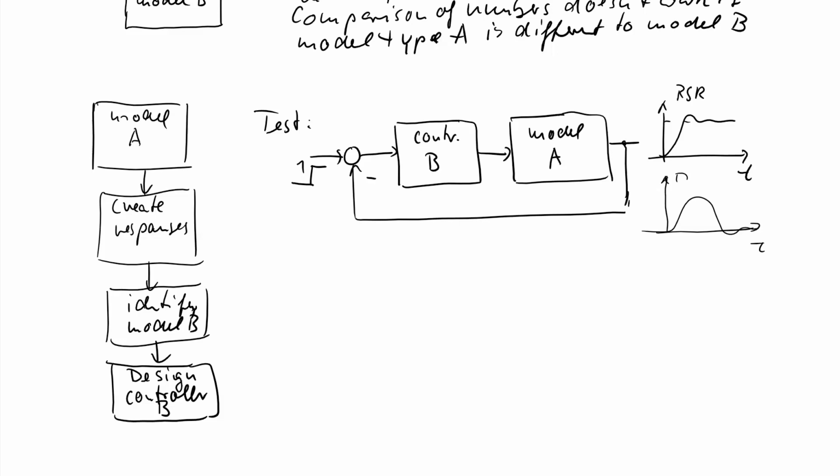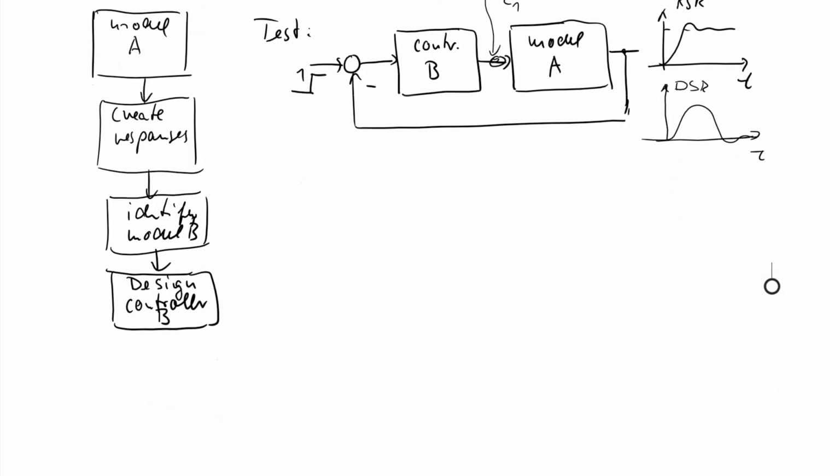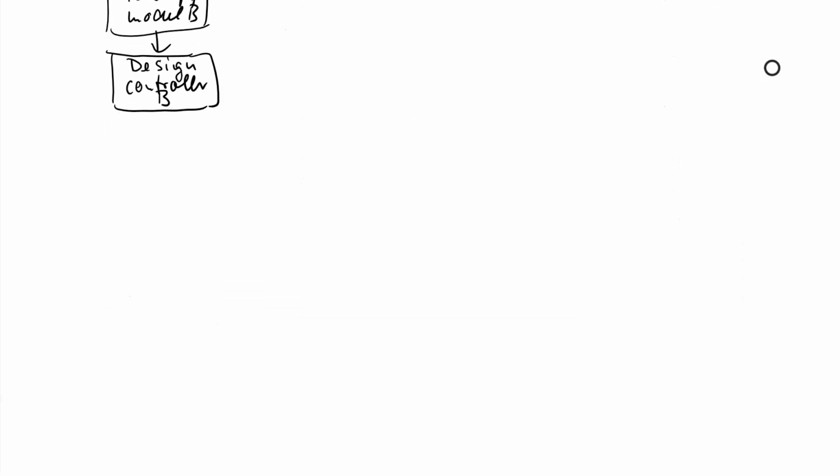If you have a disturbance here, a summing point with a disturbance signal here, then you get the disturbance step response. Both in your application, both things should be optimized depending on your process. Okay, so far the introduction words for your identification methods.